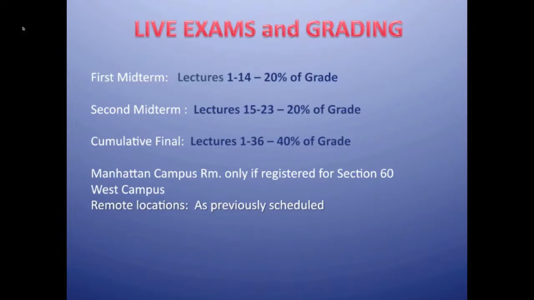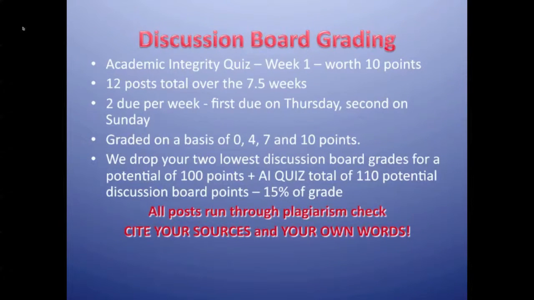There is a cumulative final on topics 1 to 36, and that final is worth 40% of your grade. The live exams are given on the Manhattan campus, only if you're registered for Section 60, at the West Campus, if you're registered for the West Campus section, and again at remote locations if they have been previously scheduled and approved.